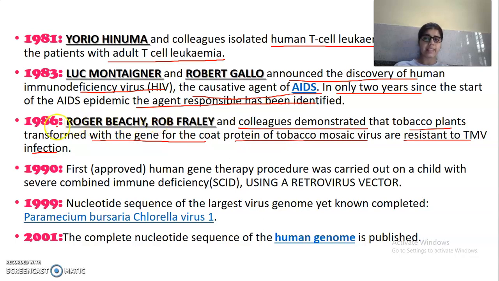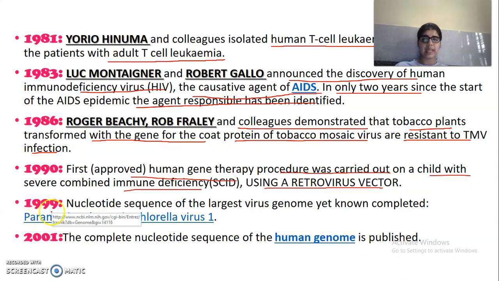In 1986, Roger Beachy and colleagues demonstrated that tobacco plants transformed with the gene for the coat protein of tobacco mosaic virus are resistant to TMV infection. In 1990, the first approved human gene therapy procedure was carried out on a child with severe combined immunodeficiency disease using a retrovirus vector.